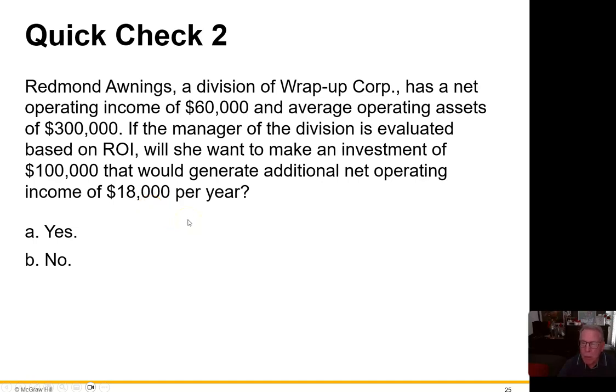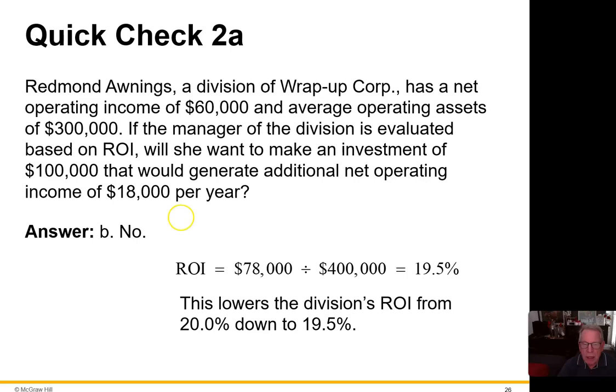And the answer to that would be no, because it would be less than 20%, but still probably a good investment. We take the 18,000 here and divide that by, I should say we take the 78,000 and divide it by 400,000.